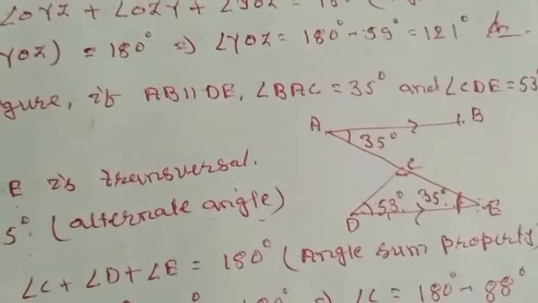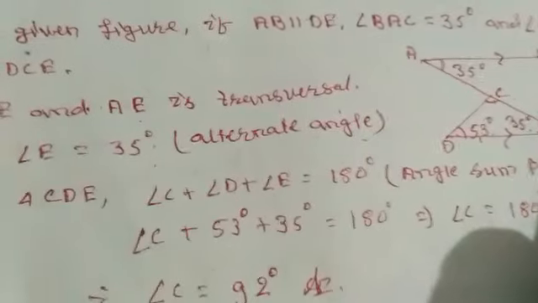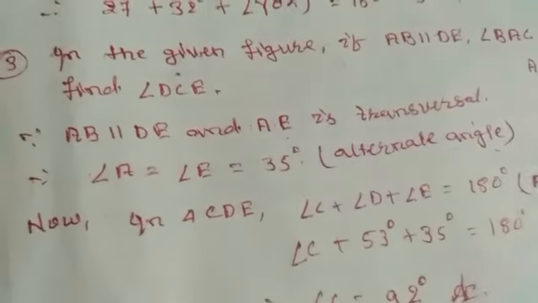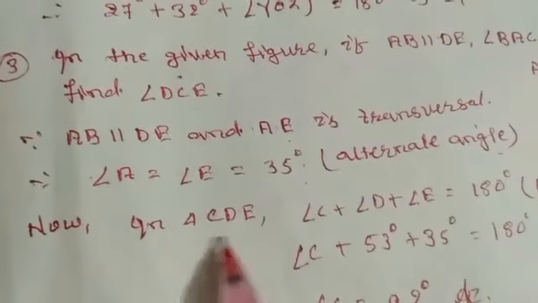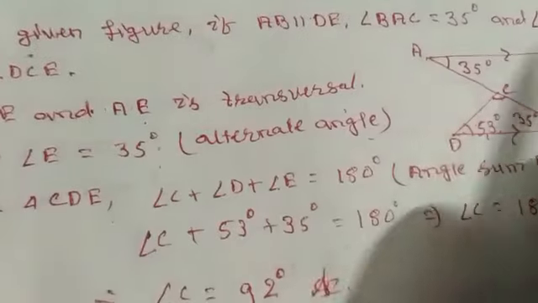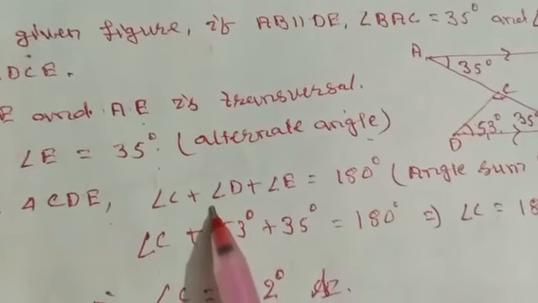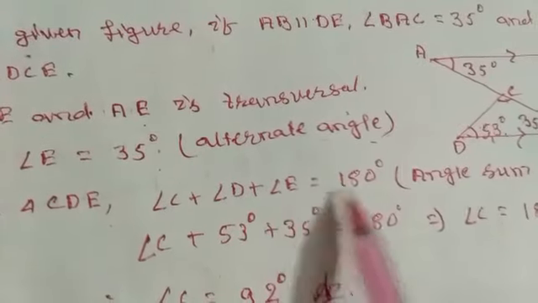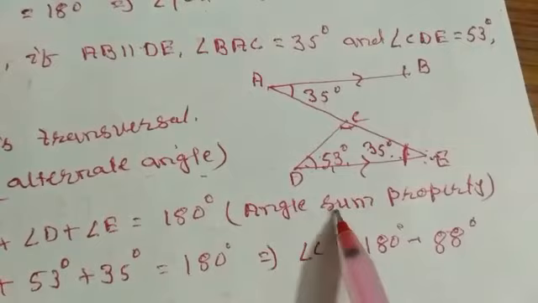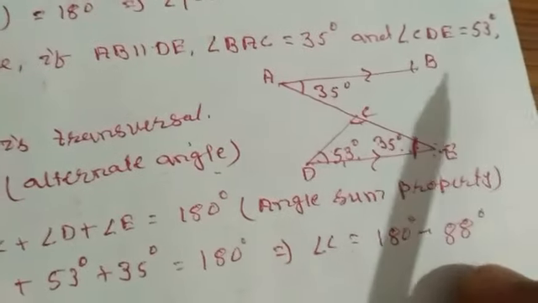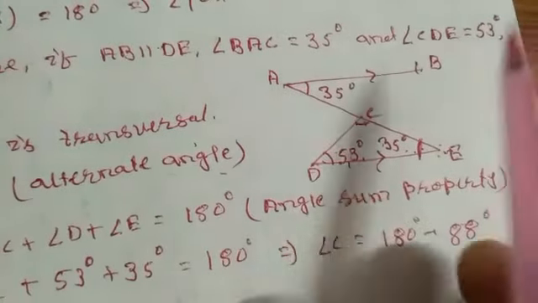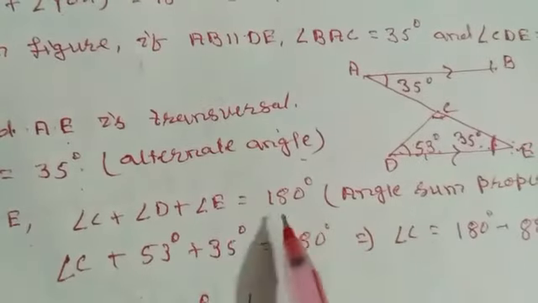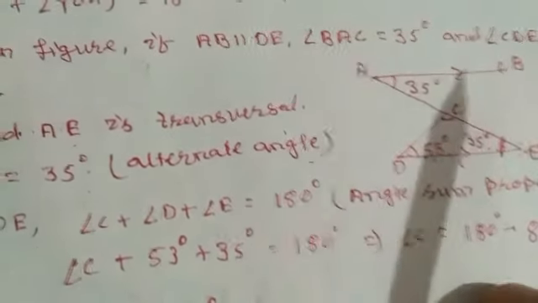In triangle CDE, angle C plus angle D plus angle E is equal to 180 degree, and this is due to angle sum property of the triangle. We know that the sum of three angles of triangle is always 180 degree.